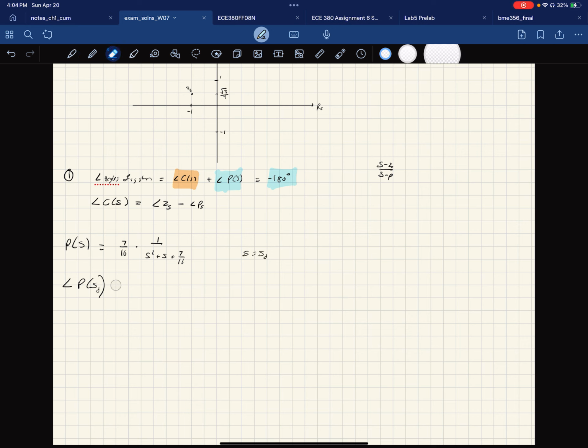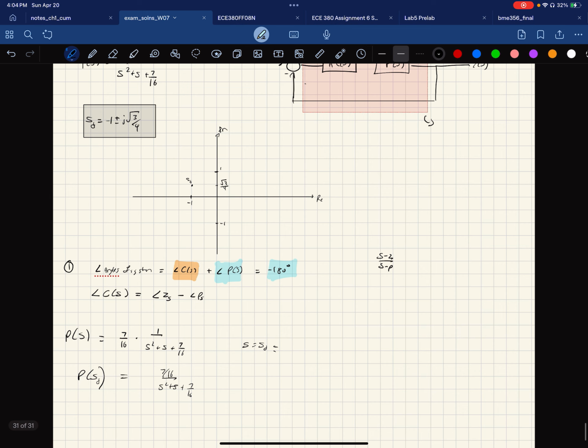So P of SD is equal to 7 over 16, 1 over s squared plus s plus 7 over 16, where S equals SD, where SD is equal to minus 1, and we can choose plus or minus j root 3 over 4. I just go with the plus because that's what everyone does.